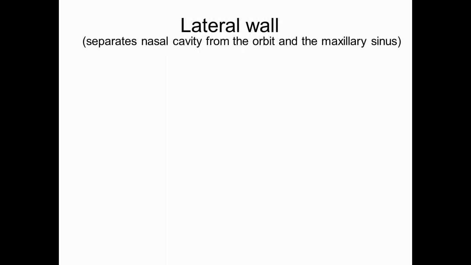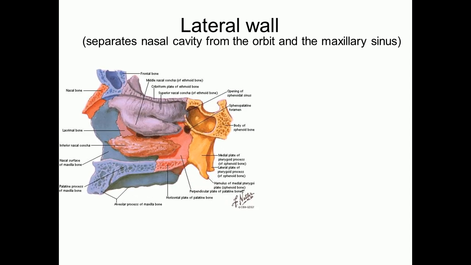And now the lateral wall, the most complicated wall. We can say that the lateral wall separates the nasal cavity from the orbit and the maxillary sinus. So that's why we shall list all the bones. Number 1 is maxilla.